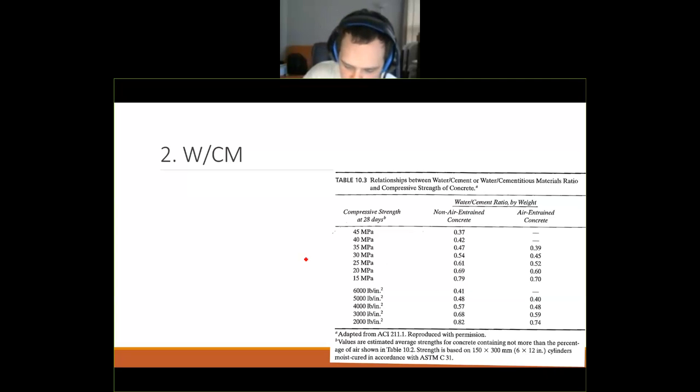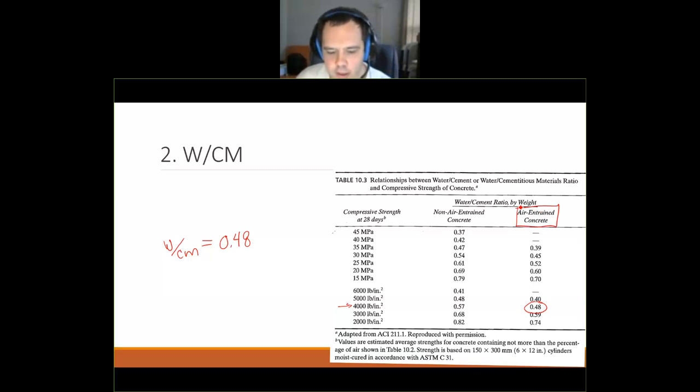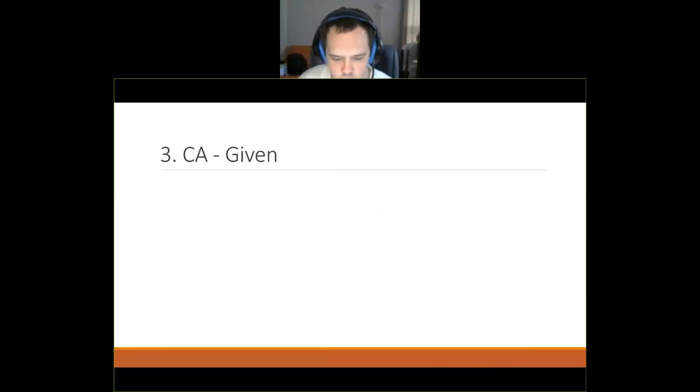We had said that we were shooting for 4,000 psi, and just following all the way across, we're going to use a water to cementitious ratio of 0.48 because we are doing air entrained concrete. So 0.48 is our ratio.